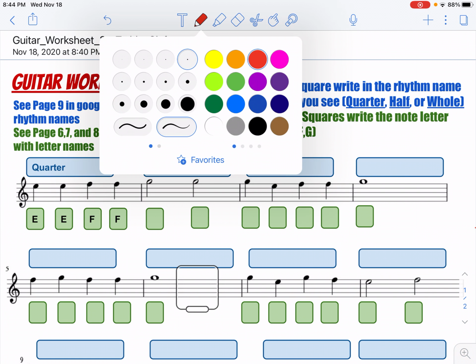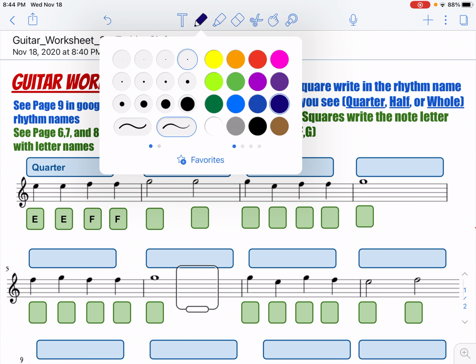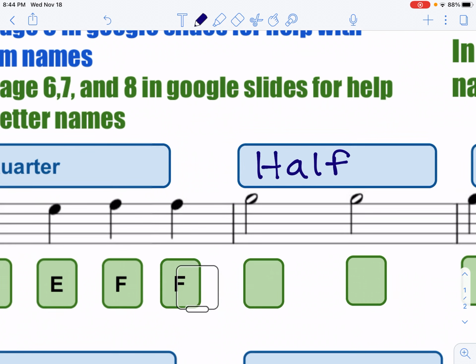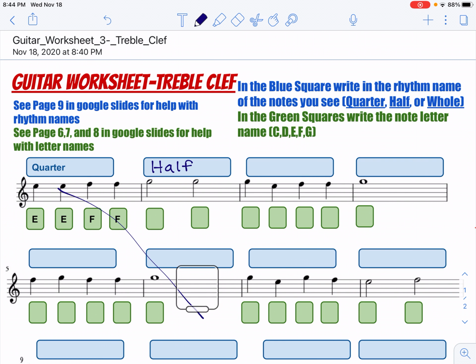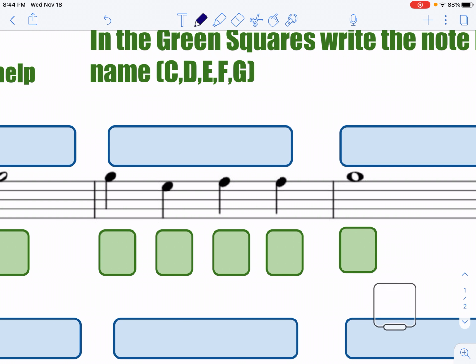Remember, I'm going to zoom in so that I can write nice and small, and I'm just going to write in the word half because that's a half note. So we have quarter notes, quarter notes, half notes, and then if we have one circle like this, as you can see, it does not have a little tail like that, right?